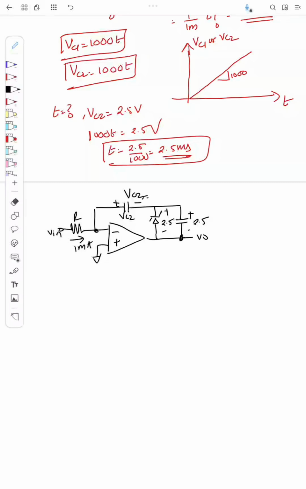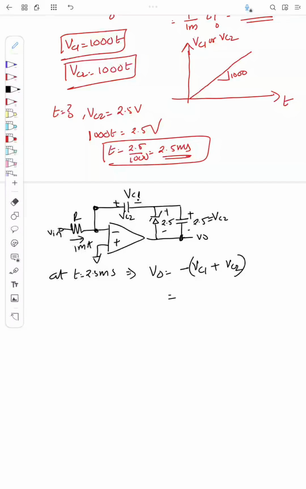Okay, so at t equal to 2.5 millisecond, what will be V0? V0 will be equal to minus of this voltage, right? This is VC1, sorry. So V0 is minus of VC1 plus VC2, right?